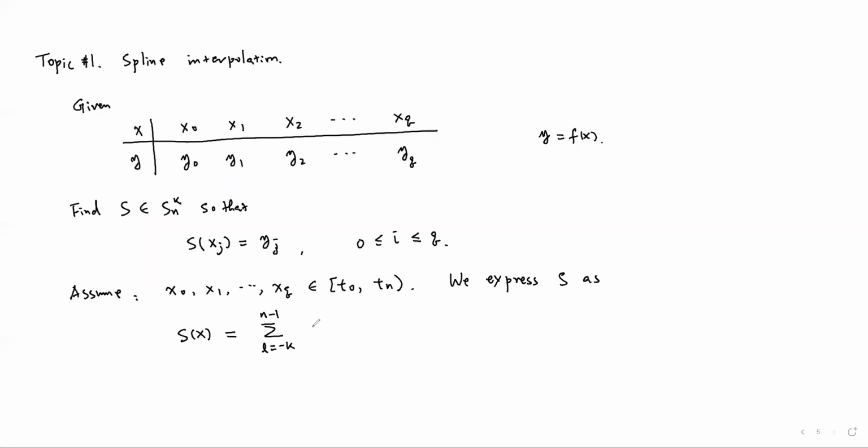So some scalar, some number alpha_l, times B_{l,k}(x), where we assume x is also in this interval.